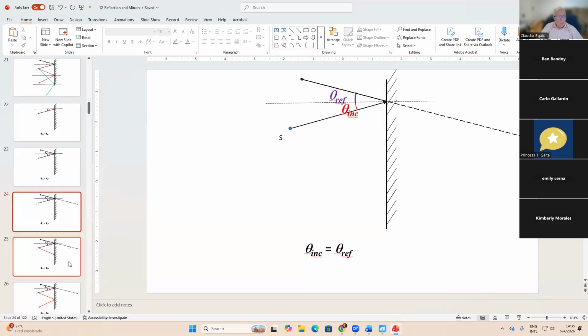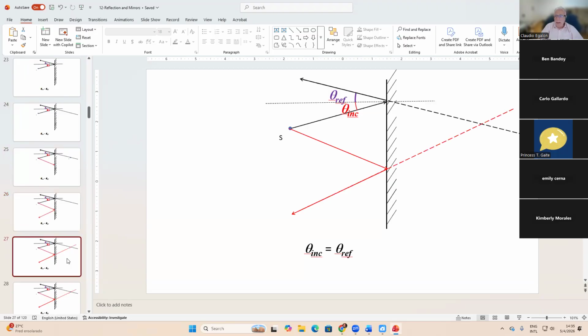And then we need a second incident light ray. This incident light ray has a reflection. And we extend the second reflected light ray. The second reflected light ray intersects with the first reflected light ray.